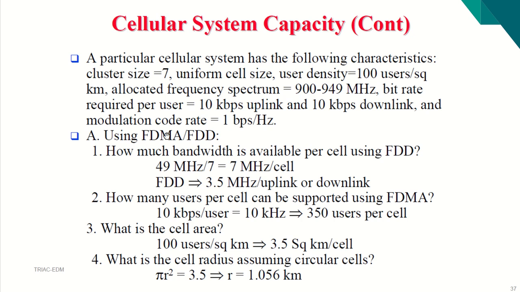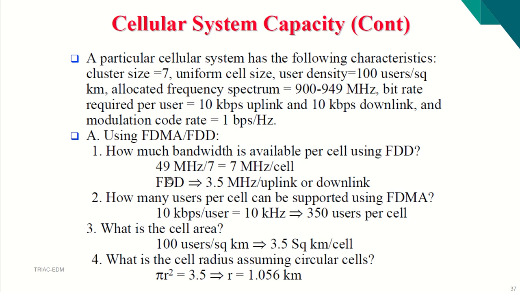So if we are using FDMA FDD, then how much bandwidth is available per cell using FDD? So it's 49 megahertz over 7. How is this done? It comes from this 900 to 949.